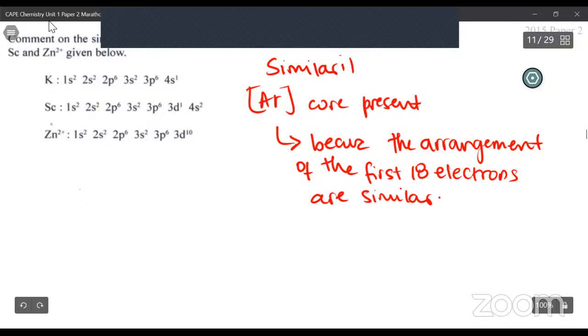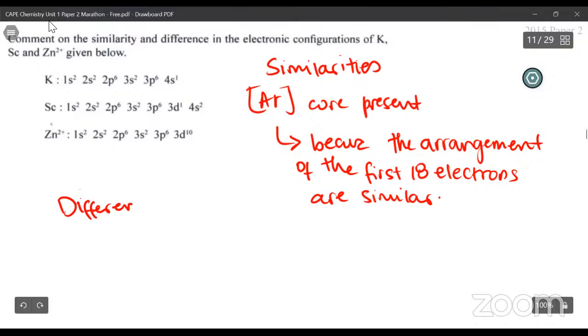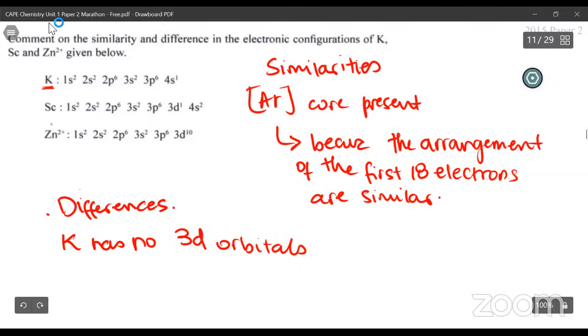Differences. I think I pointed it out when I was talking because I'm a little blabbermouth. But they don't all have 3D orbitals, like potassium doesn't. So K has no 3D orbitals. And the zinc 2 plus ion, it stops at 3D.